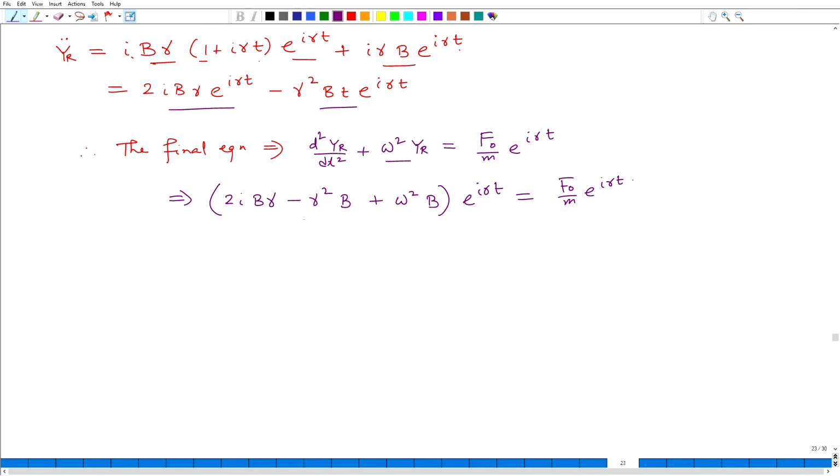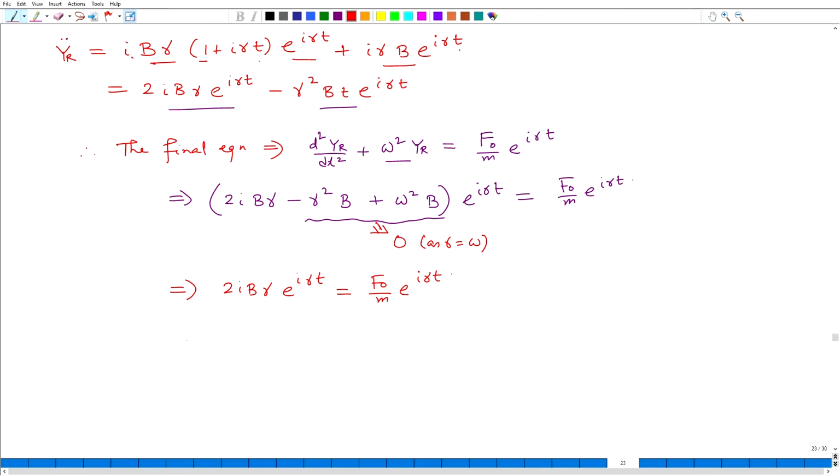I use the fact that we are considering resonance. So, this will go away as gamma is equal to omega, and we have a very simplified formula: 2I b gamma e to the I gamma t is equal to f0 by m e to the I gamma t.